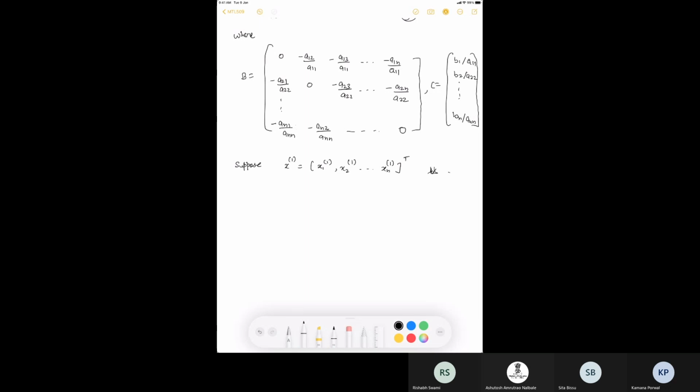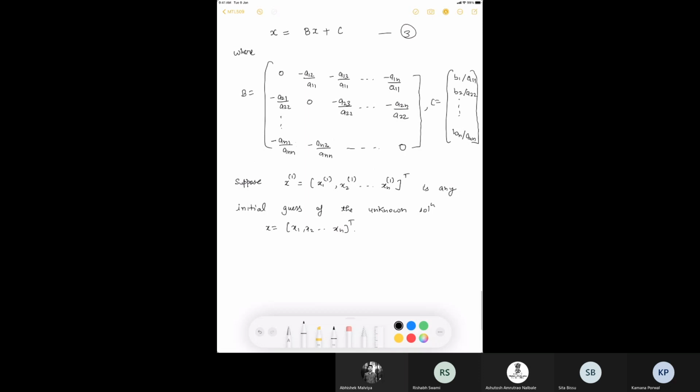This is any initial guess of the solution vector X, which is x1, x2 up to xn.